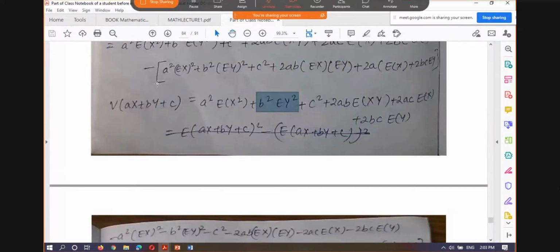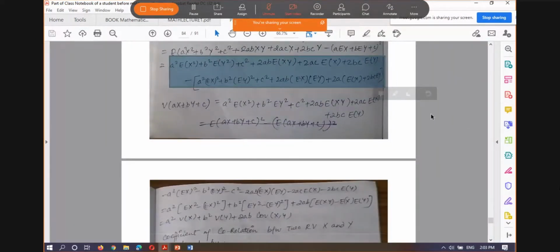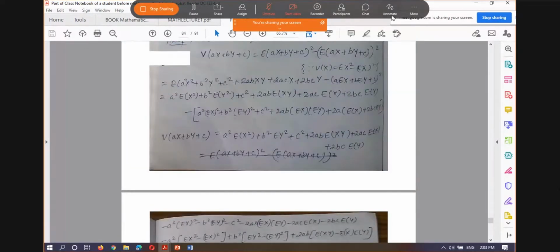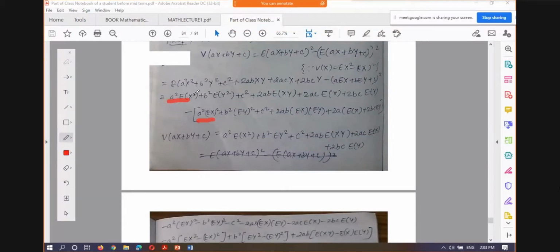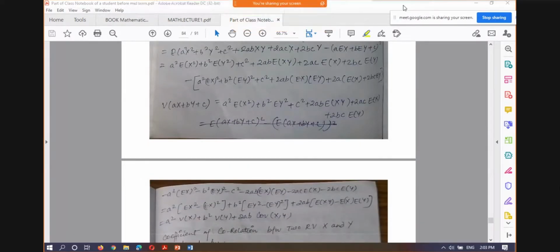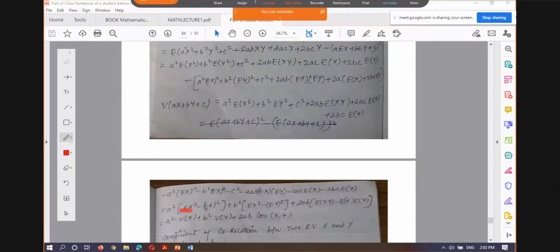So after calculation, from this line we directly go to here, because this first term has a square here and here also a square, and it is expectation of x square and expectation of x whole square. So I take a square common and I will get expectation of x square minus expectation of x whole square, this term below, not above.